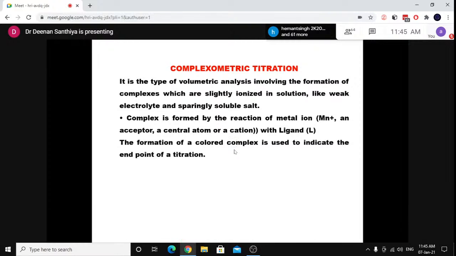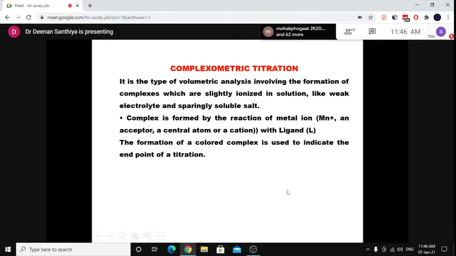We have to identify the resulting colored complexes, that is, the color change from the uncomplexed state to the complex state. When the metal ions are without complex, it will have one color. After complexing, it will show another color. This is how we detect the completion of complexometric titration.